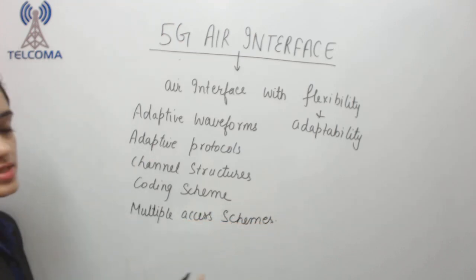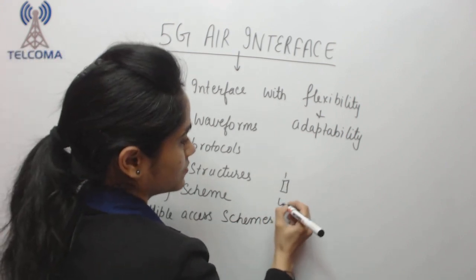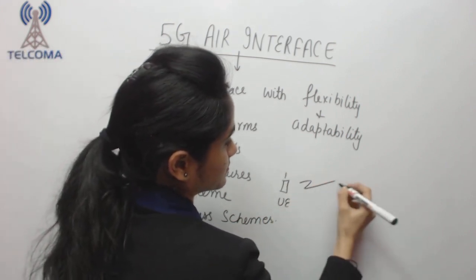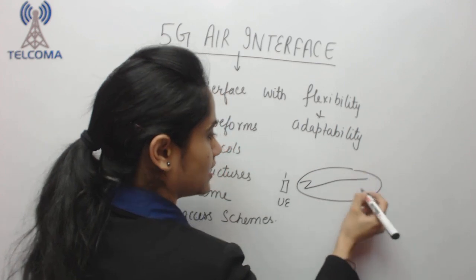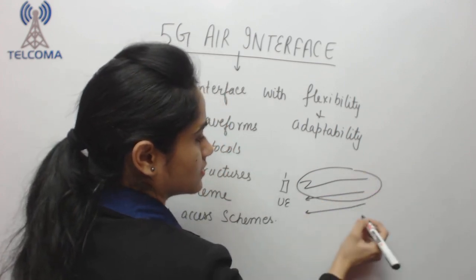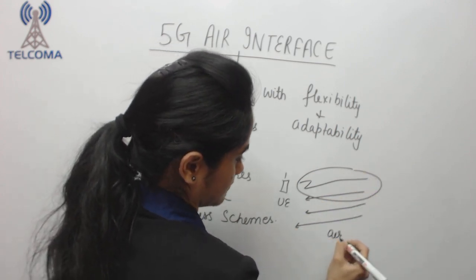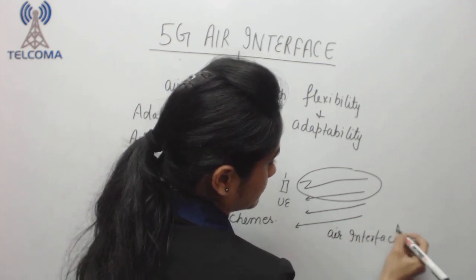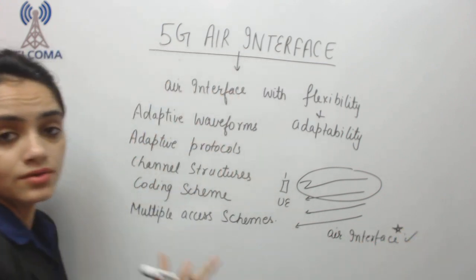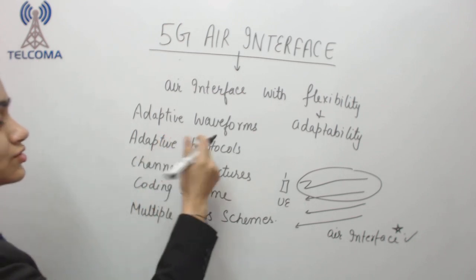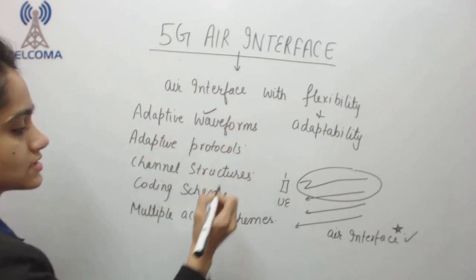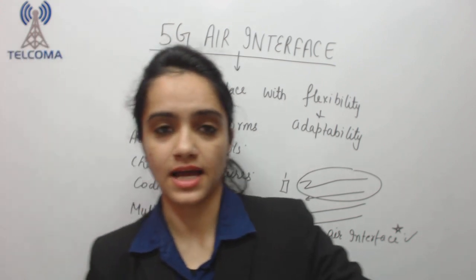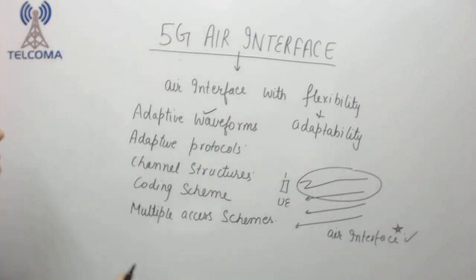In the air interface, because a user equipment is connected to the network and it will have huge data rate transmission through this air interface, the air interface should be capable enough to hold huge data rates. That's why it should have such waveform, protocol, structure, schemes as well as multiple access technologies.